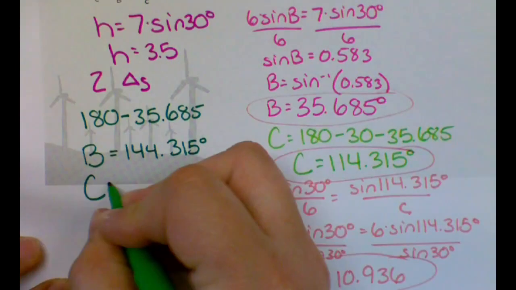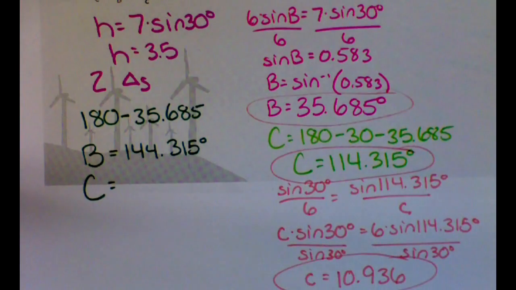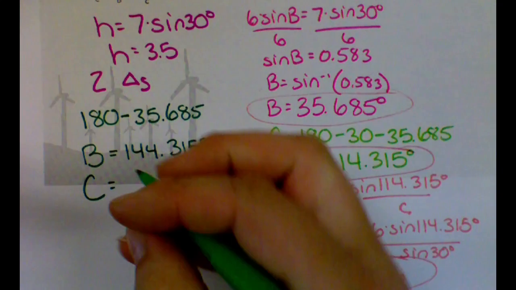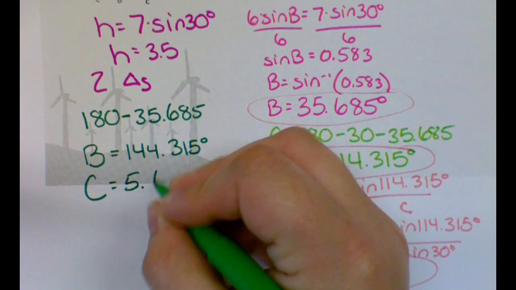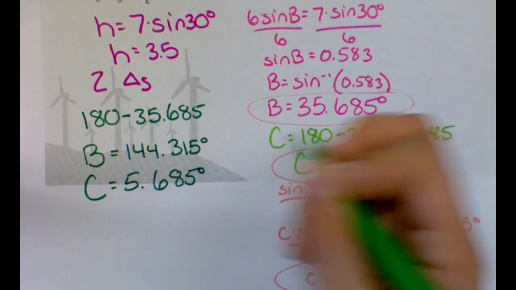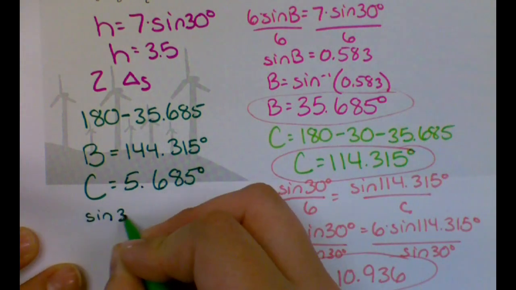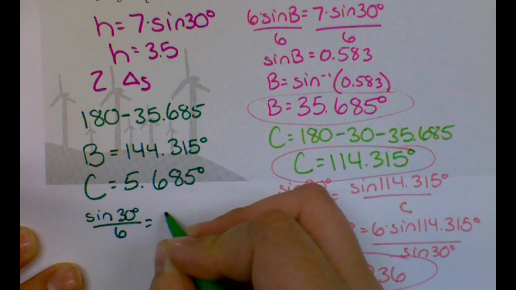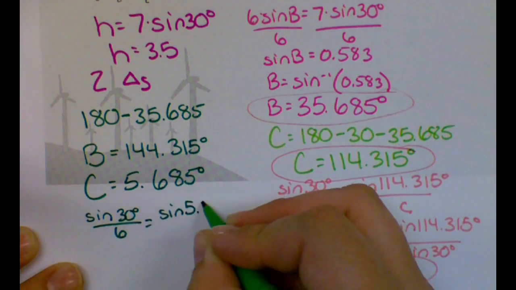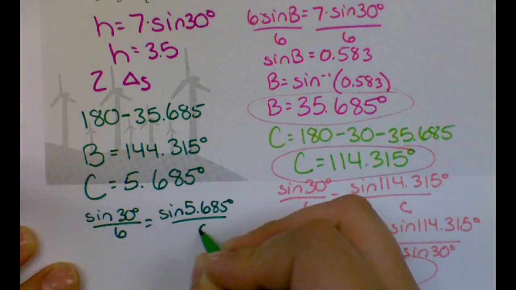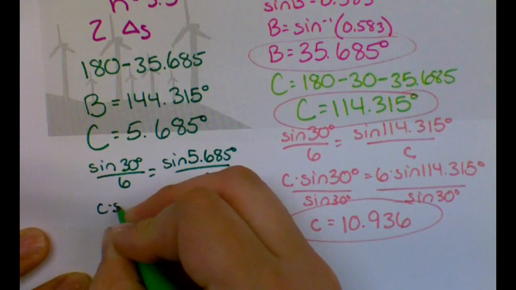We'll find angle C the same way, 180 minus 144.315 and 30. In this case, angle C is very small. It's 5.685 degrees. And then we go to our anchor. Sine of angle A over 6 equals the sine of angle C over C. Cross multiply.